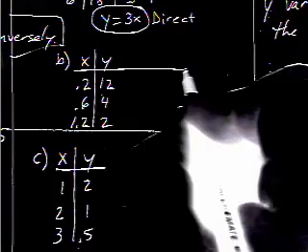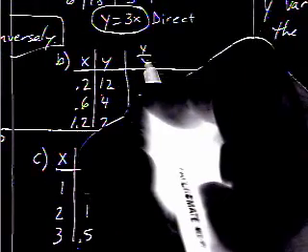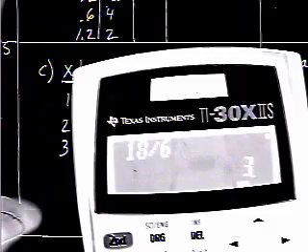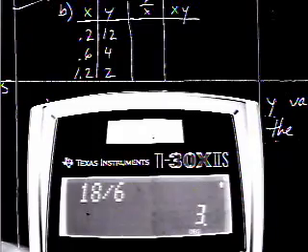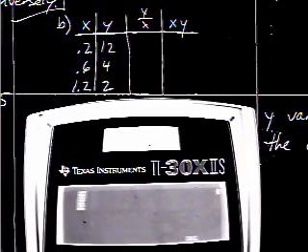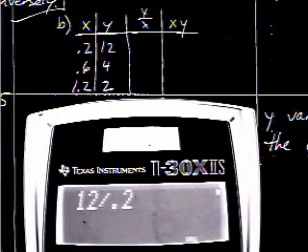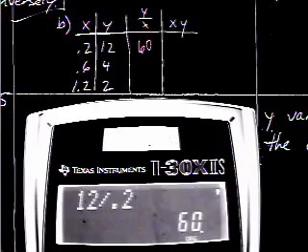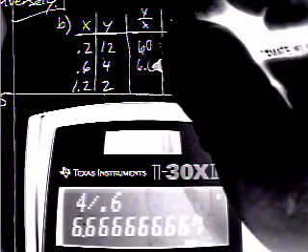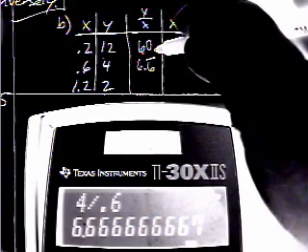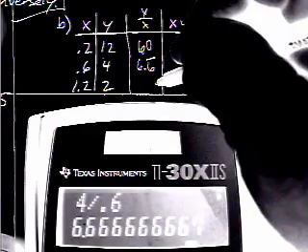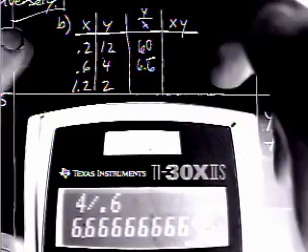Okay, so I'm going to extend my chart and do the same type of thing here. 12 divided by 0.2 is 60. 4 divided by 0.6 is 6.6 repeating. Okay, those two numbers are obviously not the same. So I can automatically stop. I don't even have to do the third value because I know it's not direct relationship.